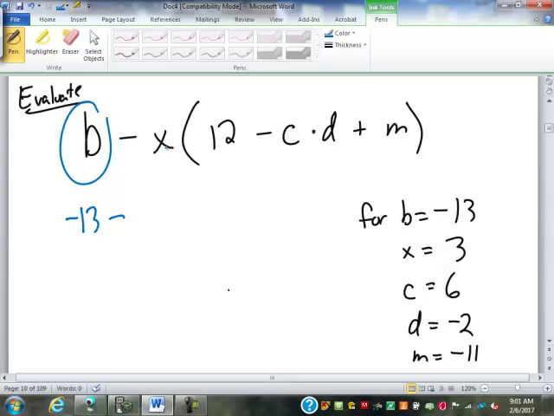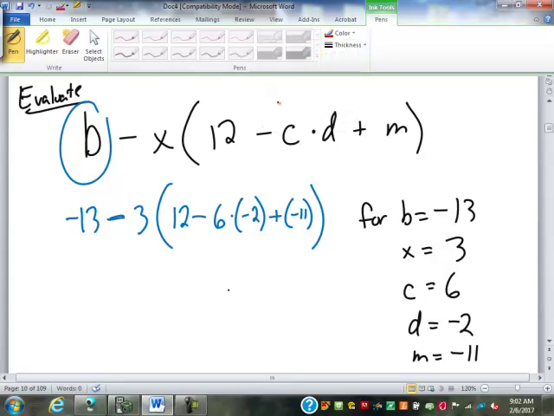Minus x is going to become 3. 12 obviously won't change. Minus c is going to be 6 times d, which will be negative 2, so I'm going to put parentheses around it so it separates out the negative. Plus negative 11. So again, I'm going to put negative 11 in parentheses so it separates it out.